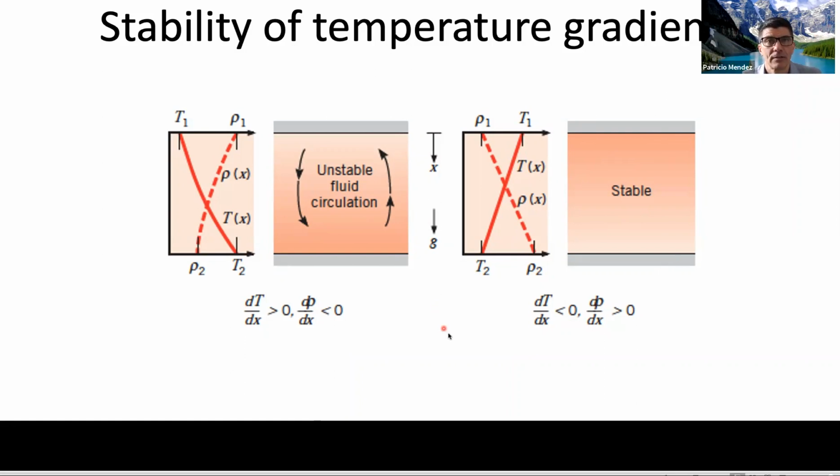This generates more turbulence during the day than during the night. Of course, the cases we're going to be interested in are these in which we have an unstable situation that creates a motion of fluid at a velocity which we don't know, but that velocity causes advection that transports heat.